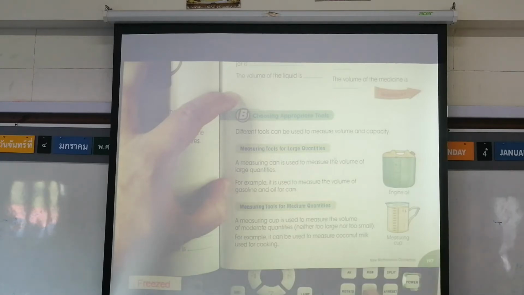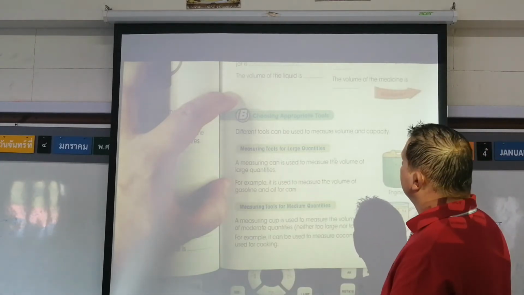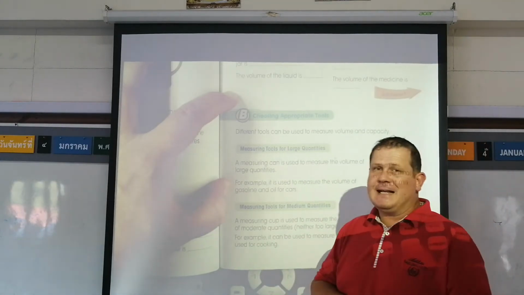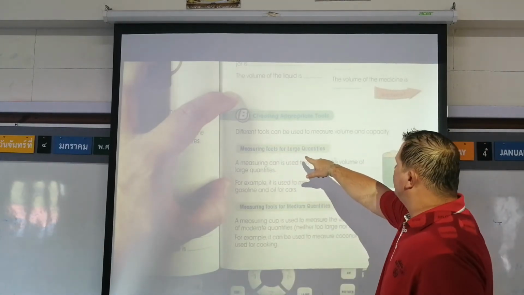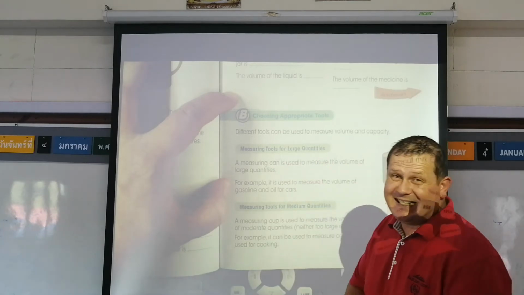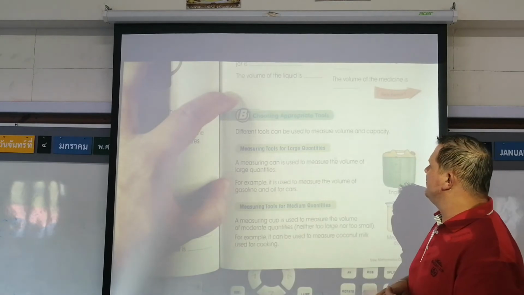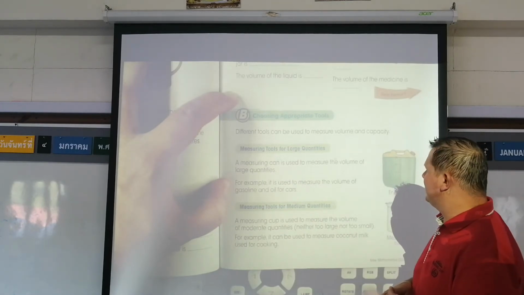Choosing appropriate tools. Different tools can be used to measure volume and capacity. Measuring tools for large quantities. A measuring can is used to measure the volume of large quantities.